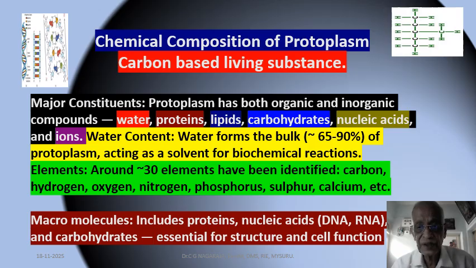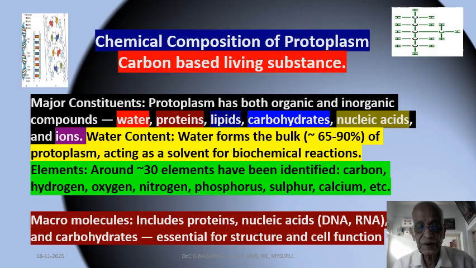On the right-hand side and the left-hand side, I have shown the carbon chain, and it is linked to either hydrogen or oxygen. It may have hydrogen and oxygen both. It may contain other ions. It may contain phosphates and many other things. But basically, proteins, lipids, carbohydrates, and nucleic acids all contain carbon. Therefore, it is called carbon-based life.